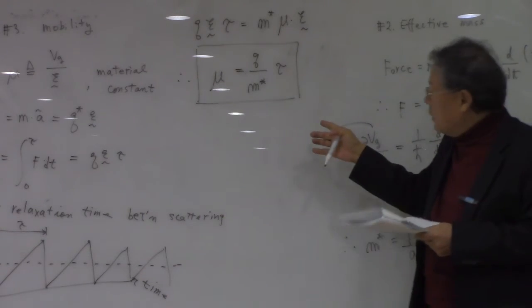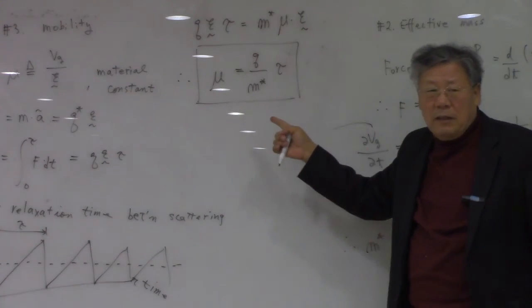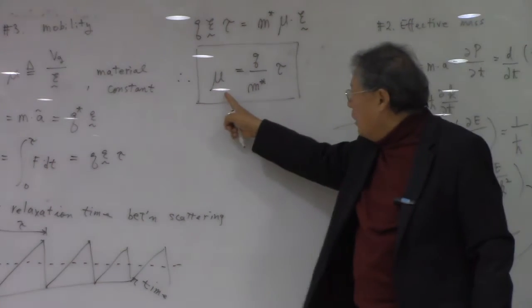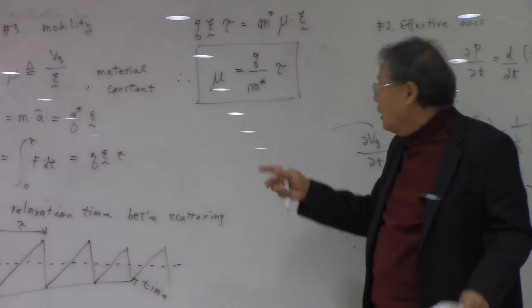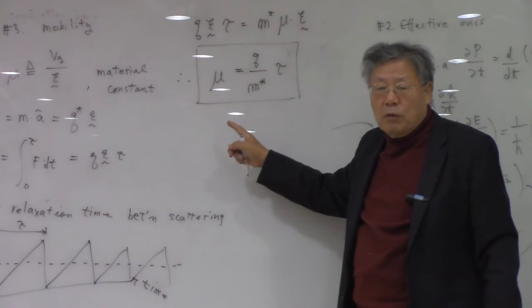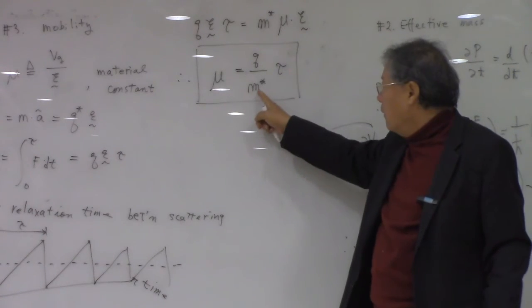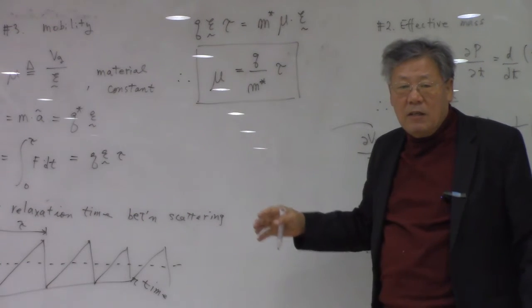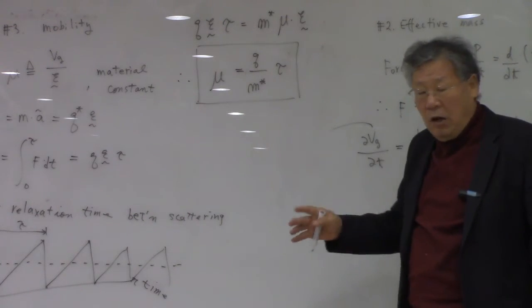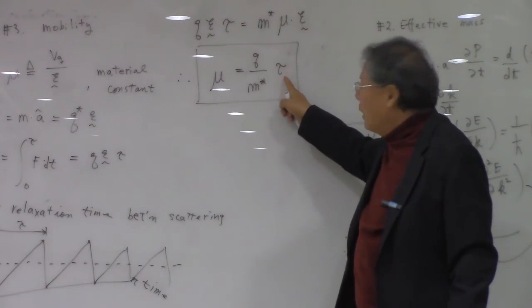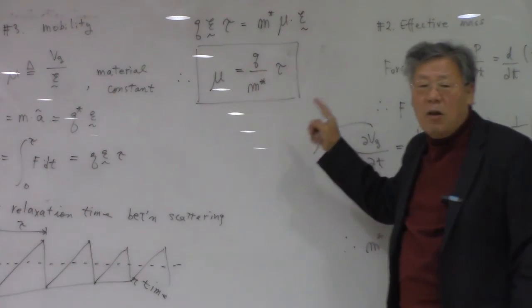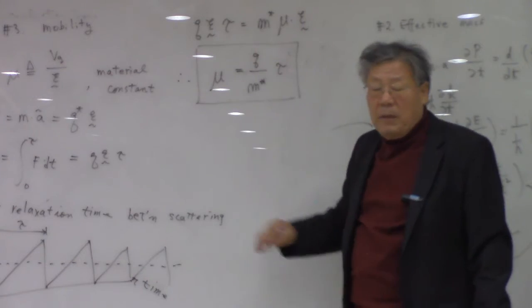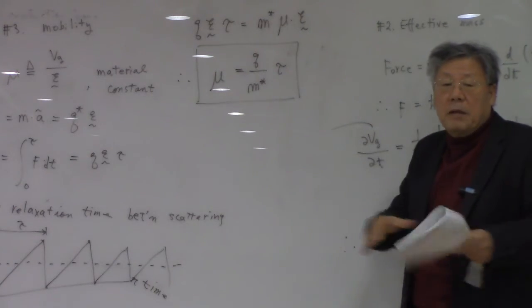If you look into this, it is very natural to see that the mobility of any particle, any substance, is related to the weight, right? If it is heavy, it is going to move slowly. And for the acceleration, if your scattering time is long, then it is going to be accelerated so that the mobility becomes large.